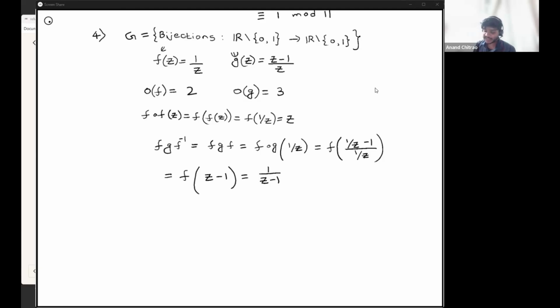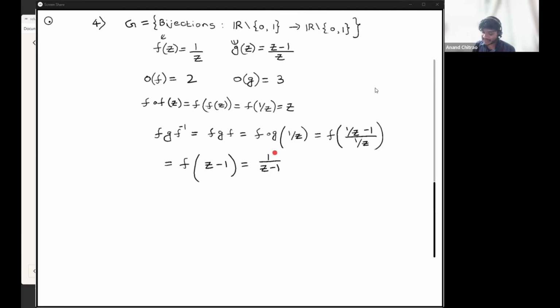I want you to check that this is the inverse of G of Z. So this says F G F inverse is G inverse.